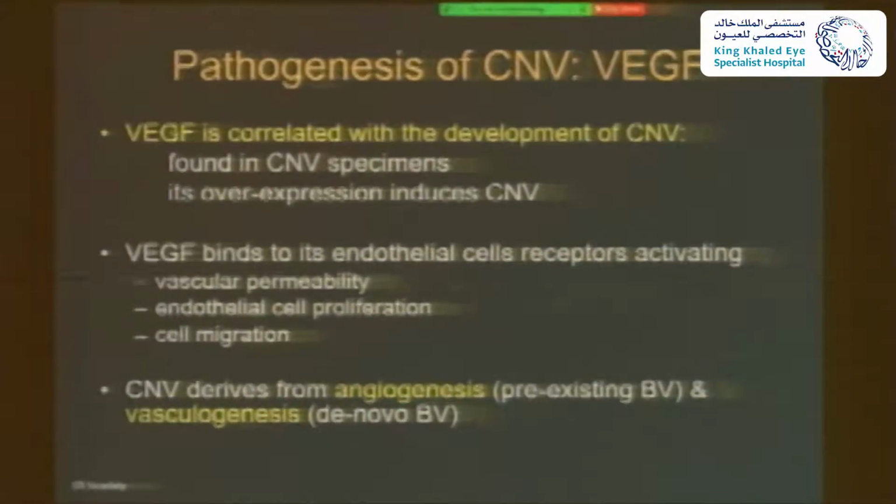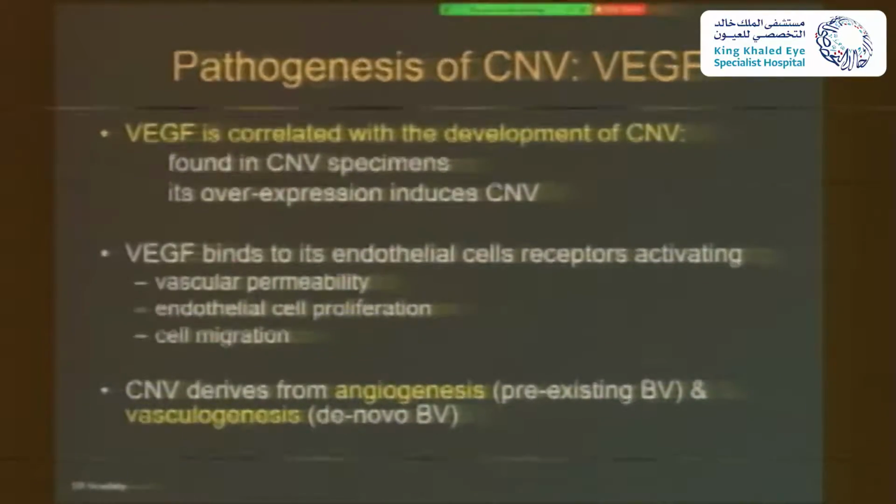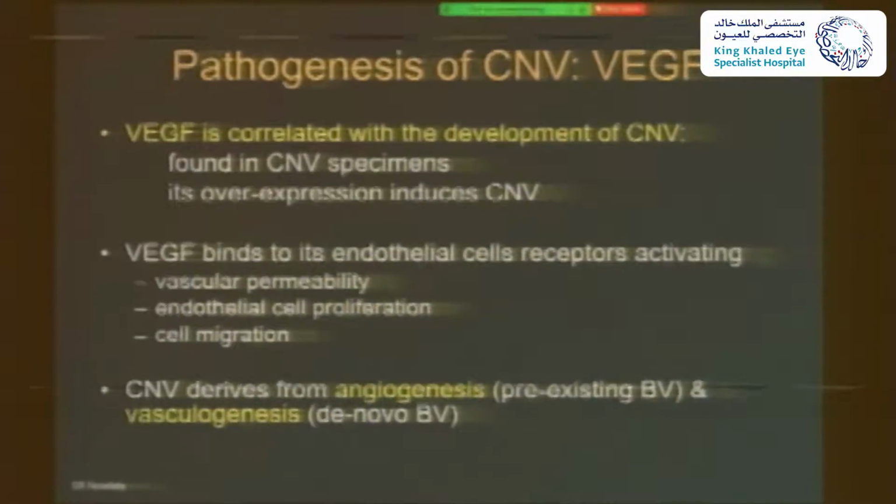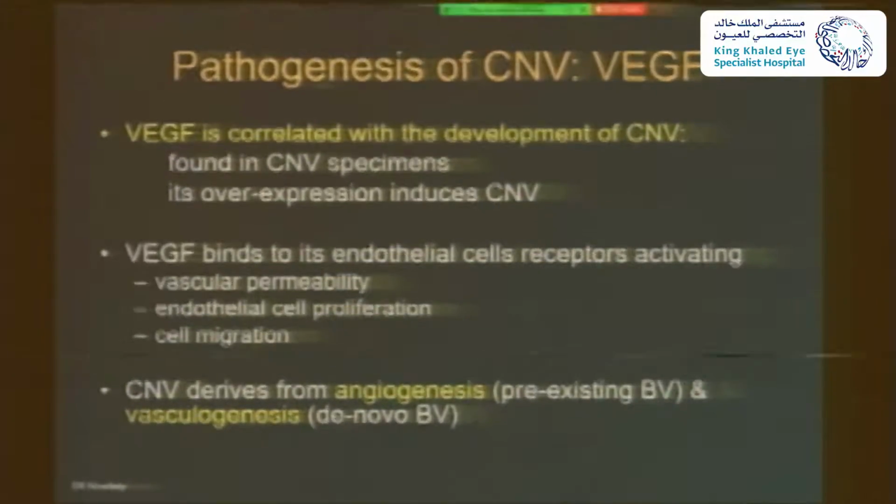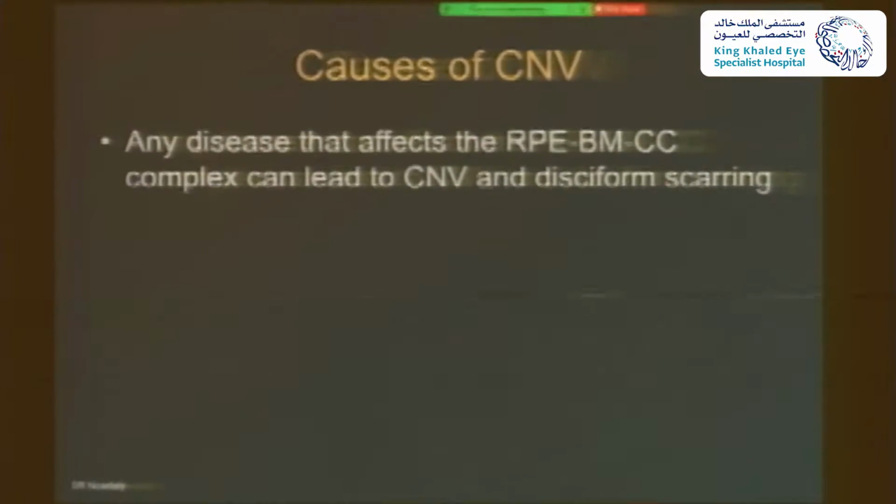It causes these cells also to proliferate, and it helps them also migrate. So the CNV derives from both angiogenesis, which is developing neovessels from pre-existing vessels, but also vasculogenesis, where new vessels grow out of nowhere, out of original choriocapillaries.